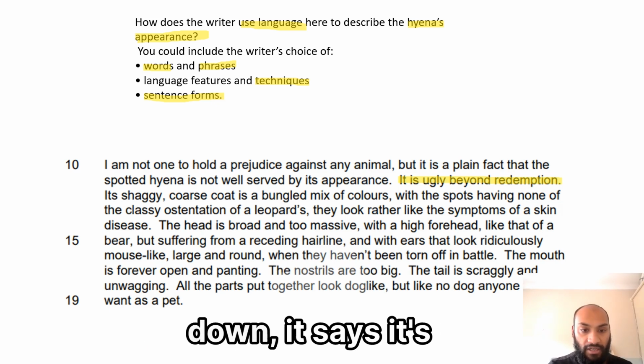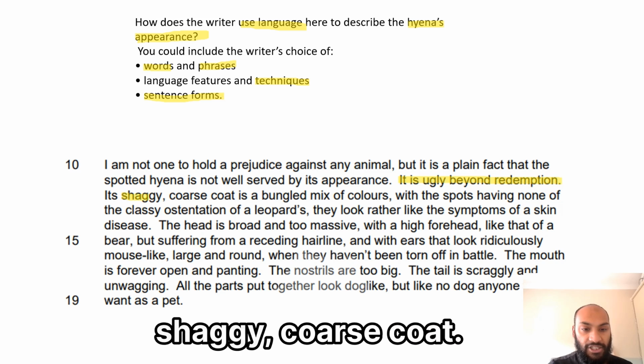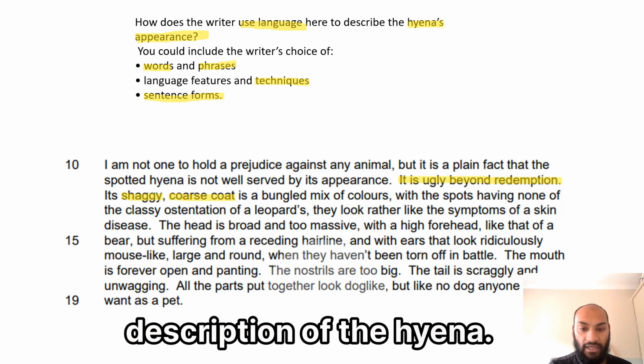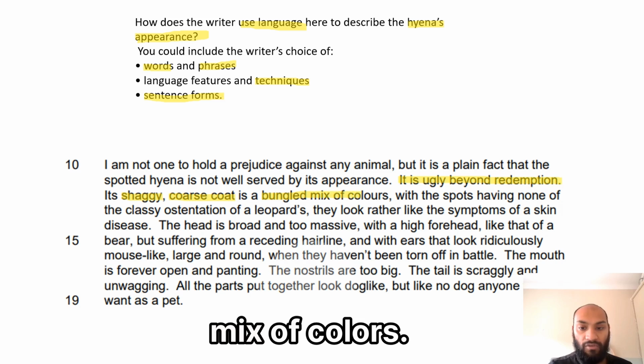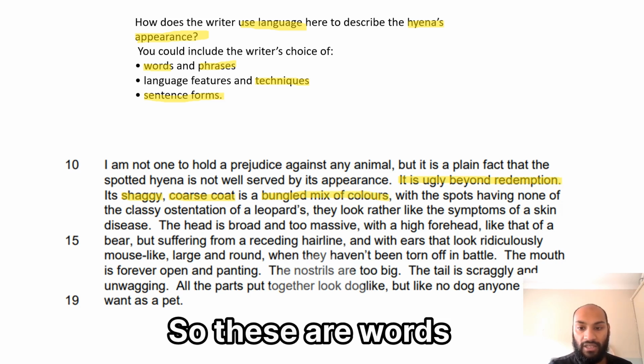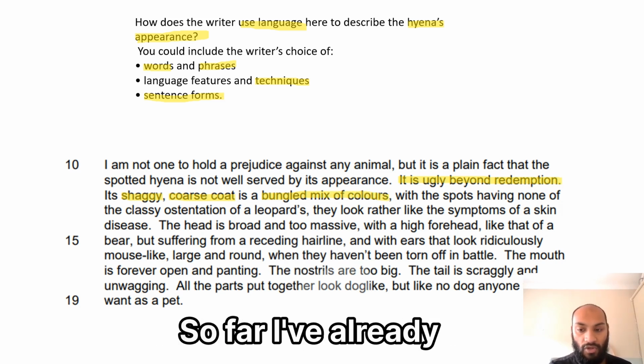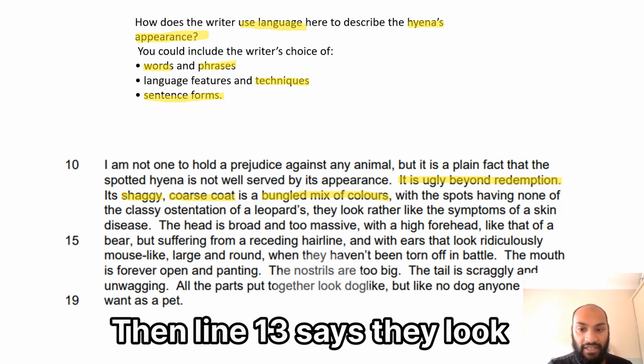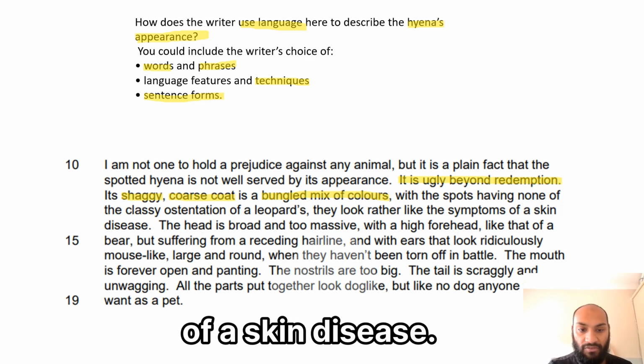As you go further down, it says shaggy, coarse coat, so really rough. The description of the hyena has a bungled mix of colors. So these are words that I can pick out. So far, I've already got some phrases. Then line 13 says they look rather like the symptoms of a skin disease.